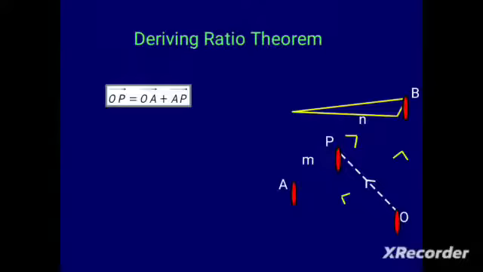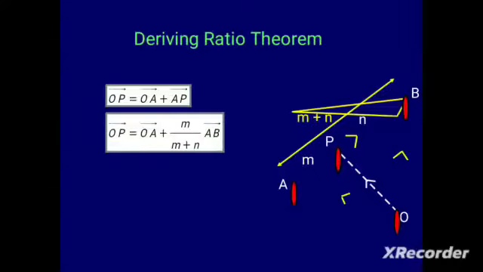So that is correct. Okay, the whole length from A to B is given as M plus N, because we have the section, the ratio M, and another one, the ratio N. So the whole length is M plus N.